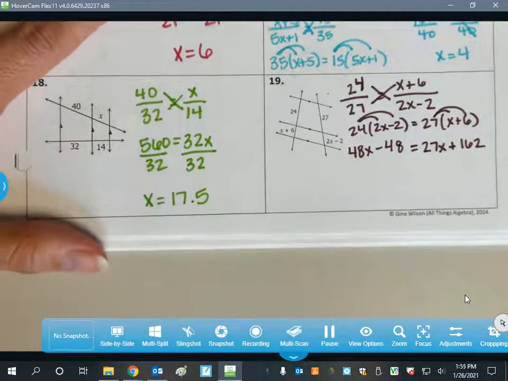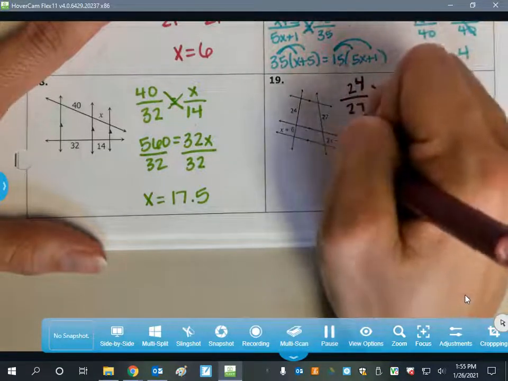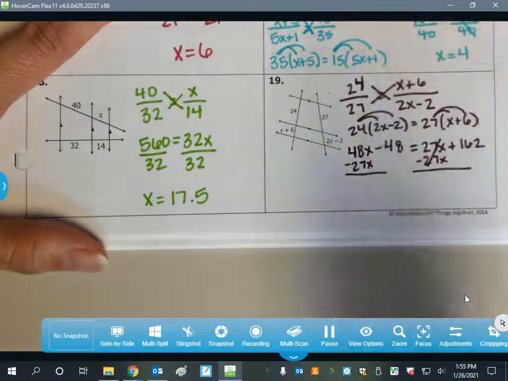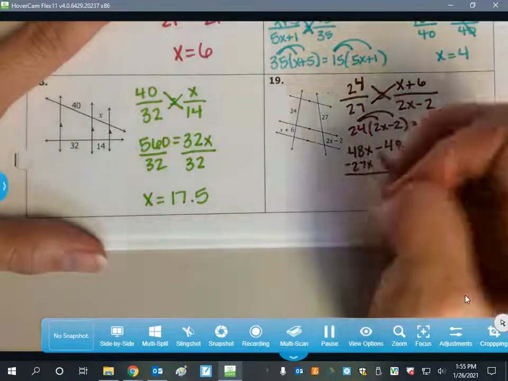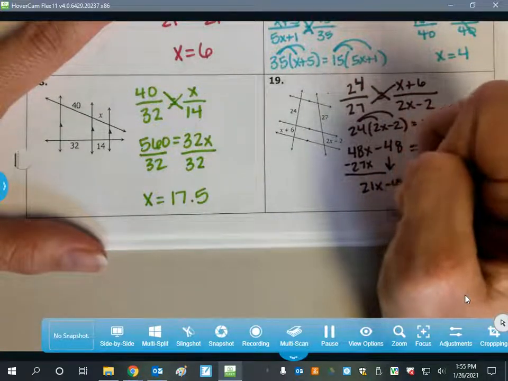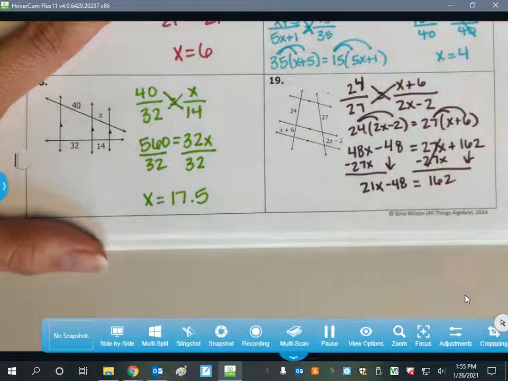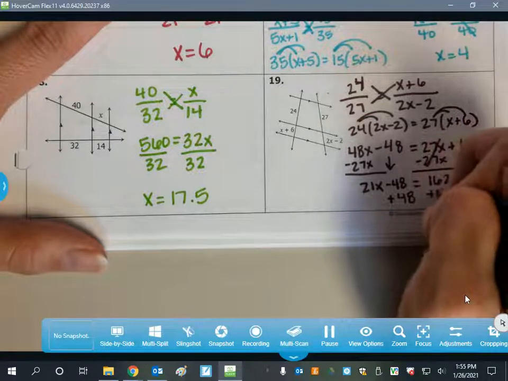I always move my smaller x. So I subtract 27x from both sides. 48x minus 27x is 21x. My minus 48 comes down, equals 162 comes down. Add 48 to both sides.